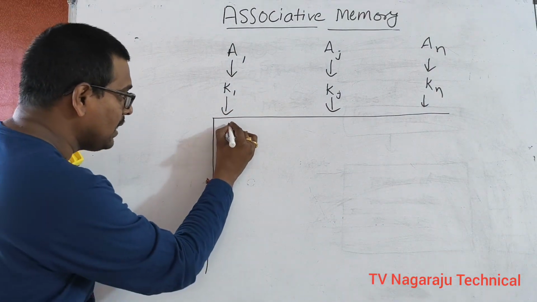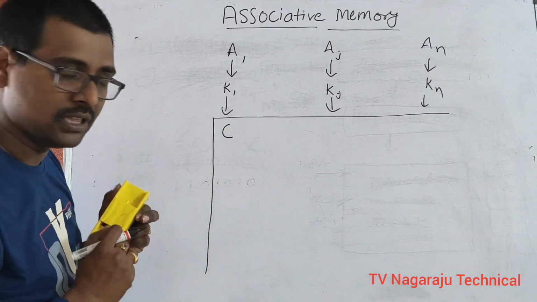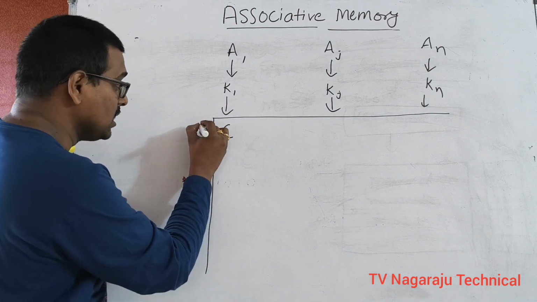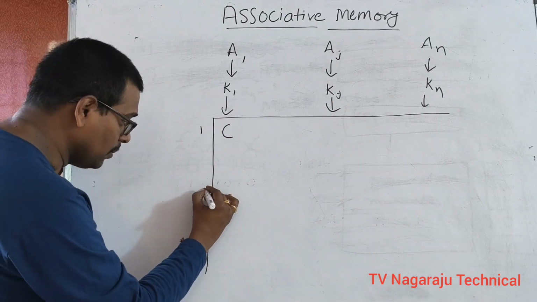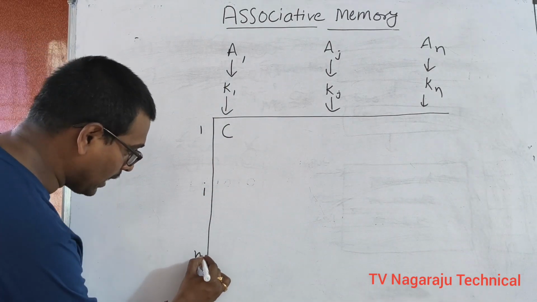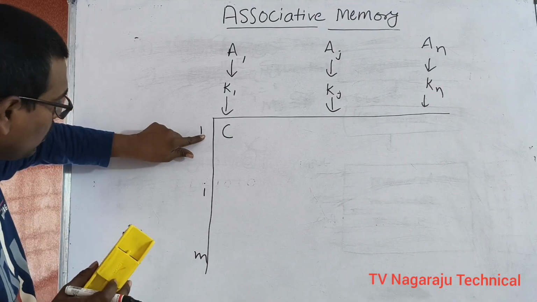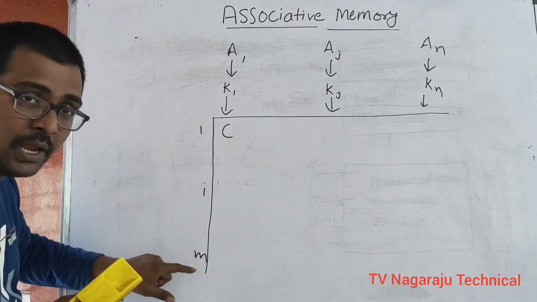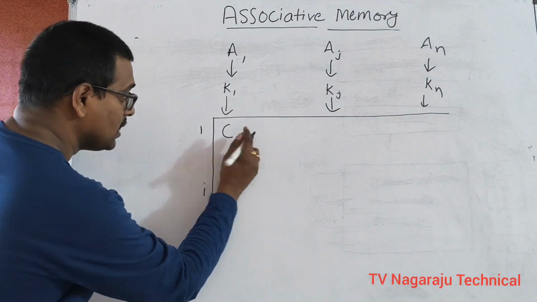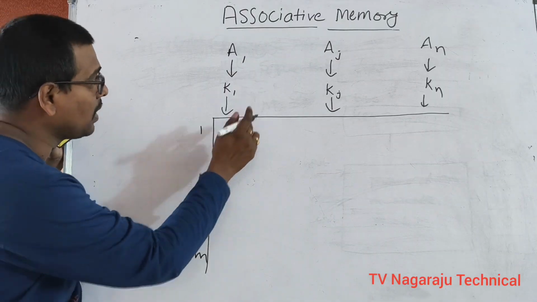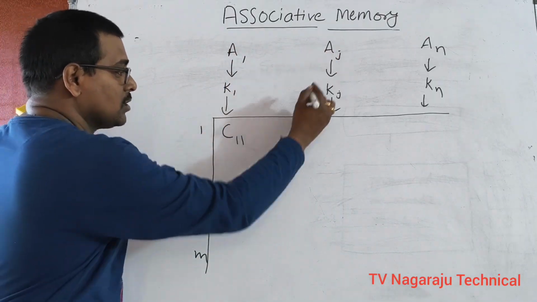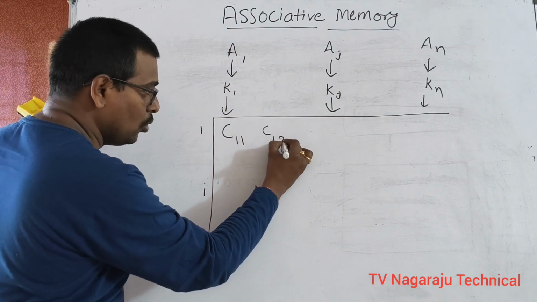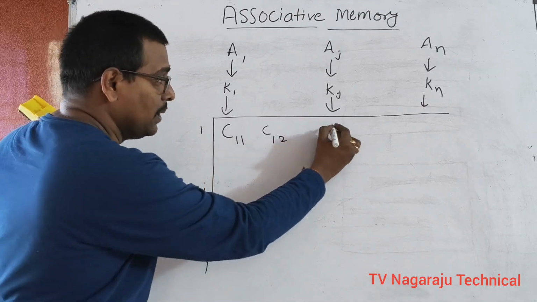Assume in the memory area the cell is represented with C. Now this is word number 1, and assume word number i and word number m. So word 1, word 2 and so on, word i and word m. How do you represent? C11 is word number 1, first bit. C12 is word number 1, second bit.